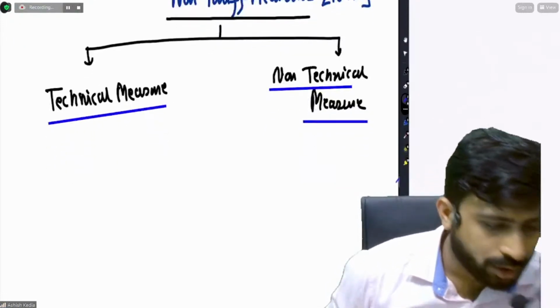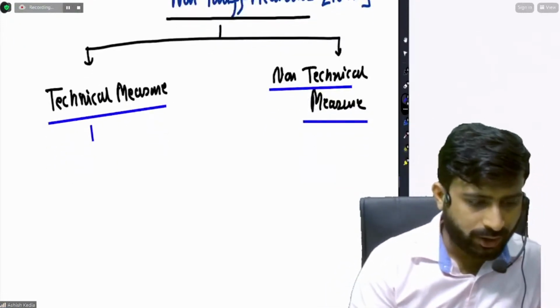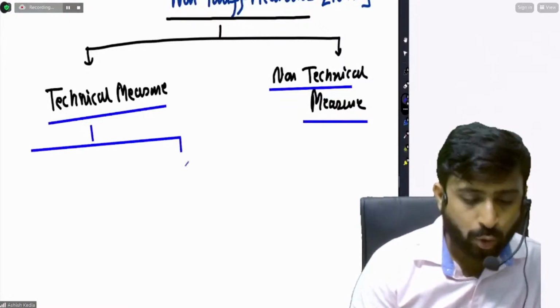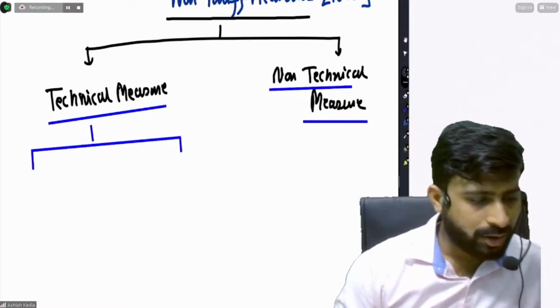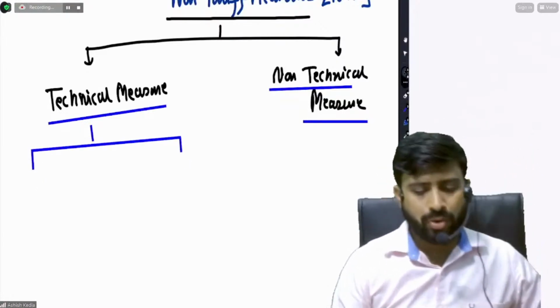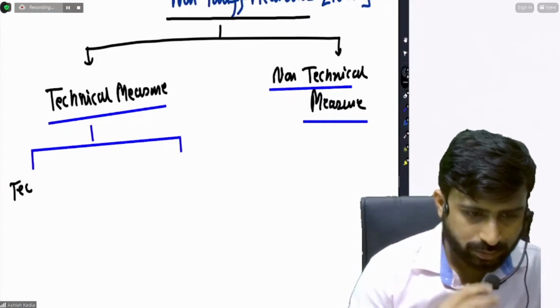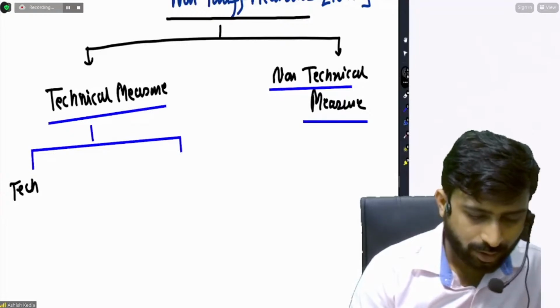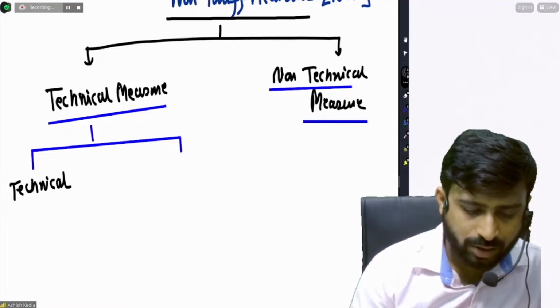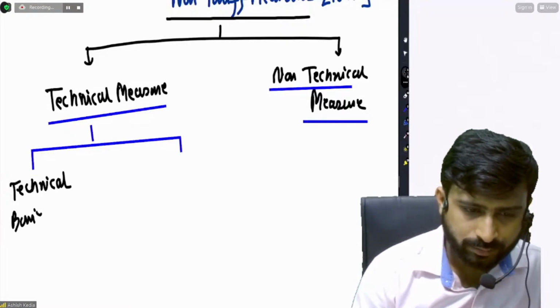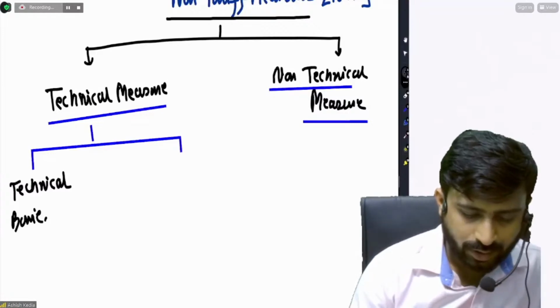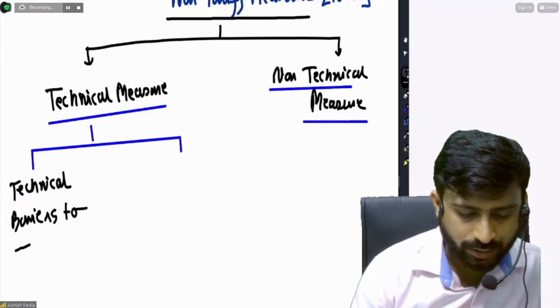So friends, if you talk about technical measures, there are two main things. One is technical barriers to trade.